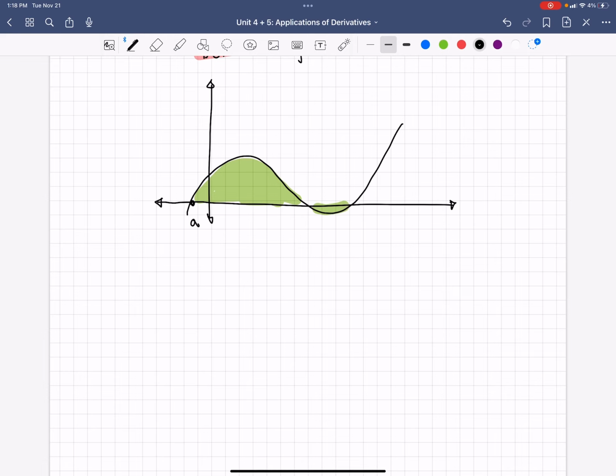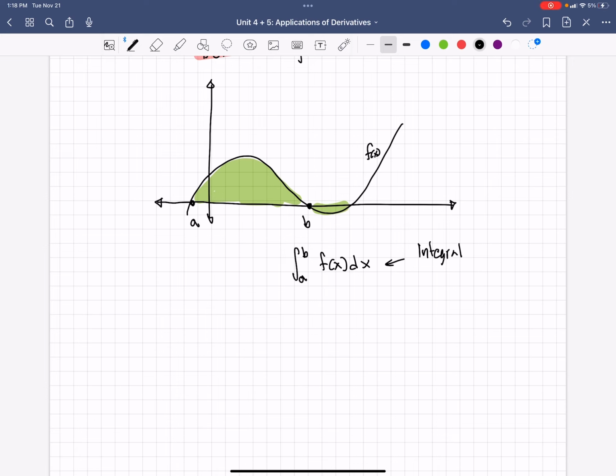Let's say we wanted this area here from A to B. The way we would represent that in math is using a definite integral. So you might have seen this notation before. It's called the integral from A to B, right? And let's call this f of x. f of x dx. This is an integral.